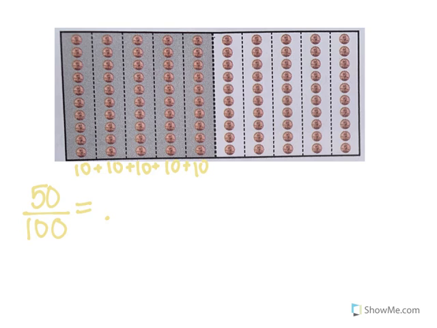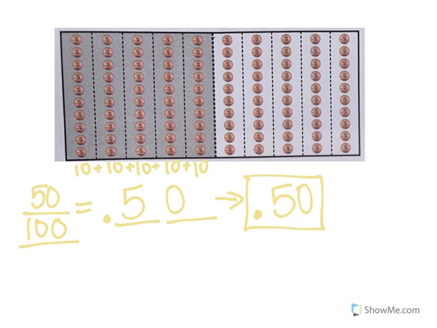I need to change this to a decimal. Since it's hundredths, I put my tenths, hundredths place, and then I write the 50 above it, making sure to put a digit in each place value. So my decimal is 0.50.